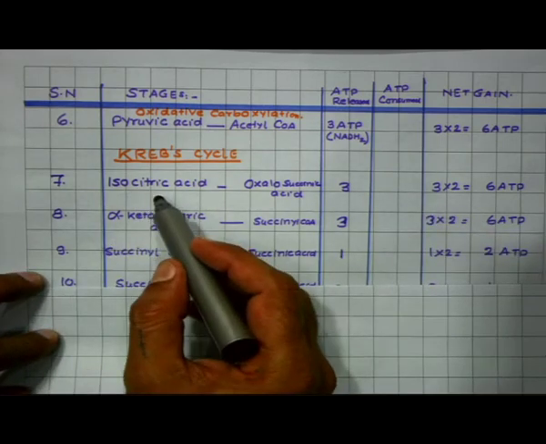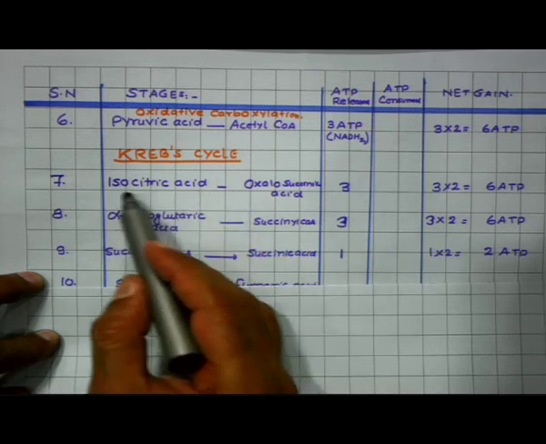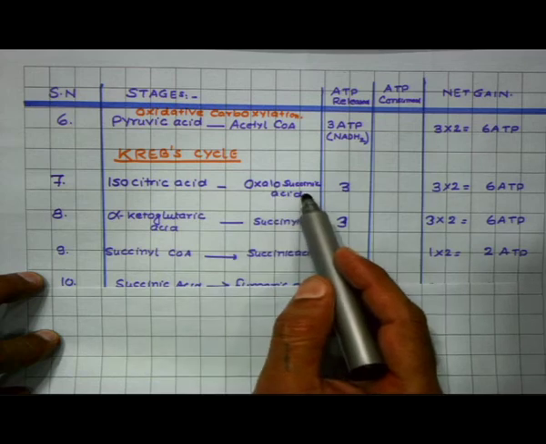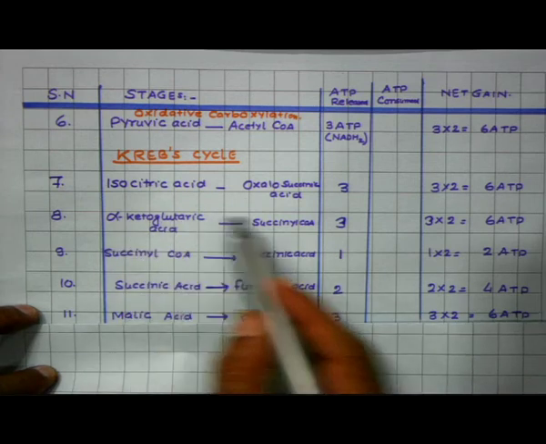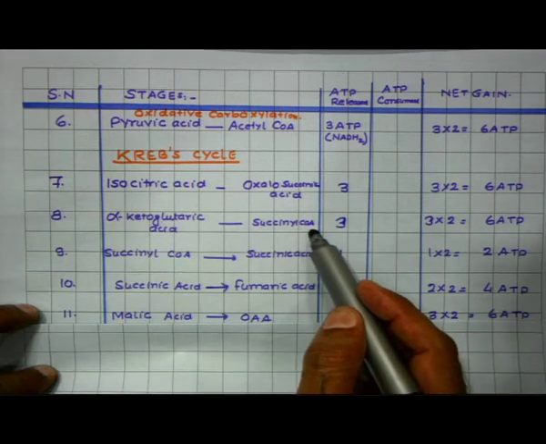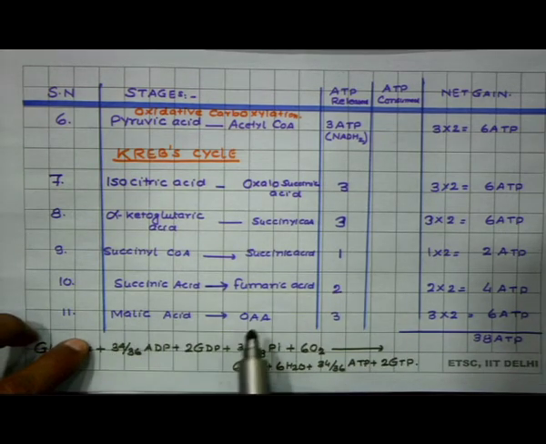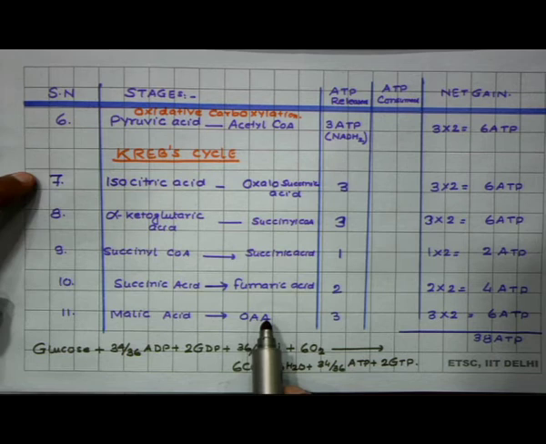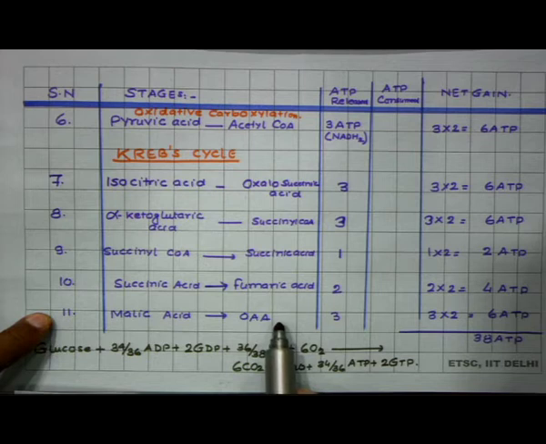Now, in the Krebs cycle we have seen the first NADH2 is formed when isocitric acid is converted into oxalosuccinic acid, the second when alpha ketoglutaric acid is converted into succinyl coenzyme, and the third when malic acid is converted into oxaloacetic acid. In these three steps, the 7th, 8th and 11th, hydrogen is released and accepted by NAD plus and converted into NADH2.